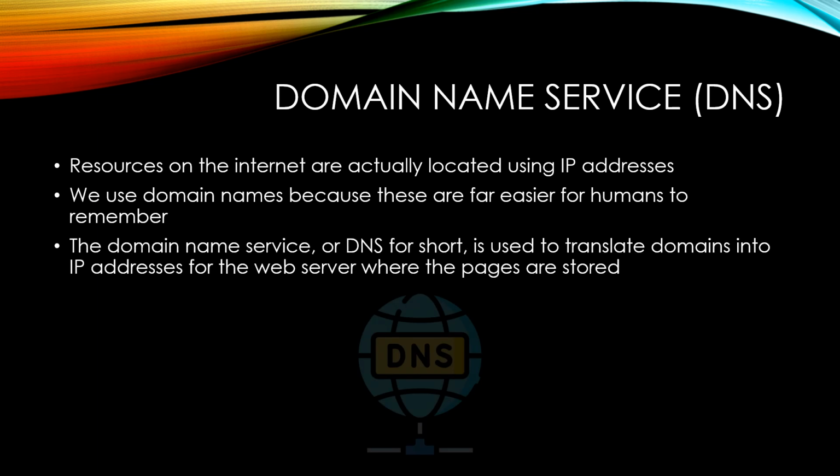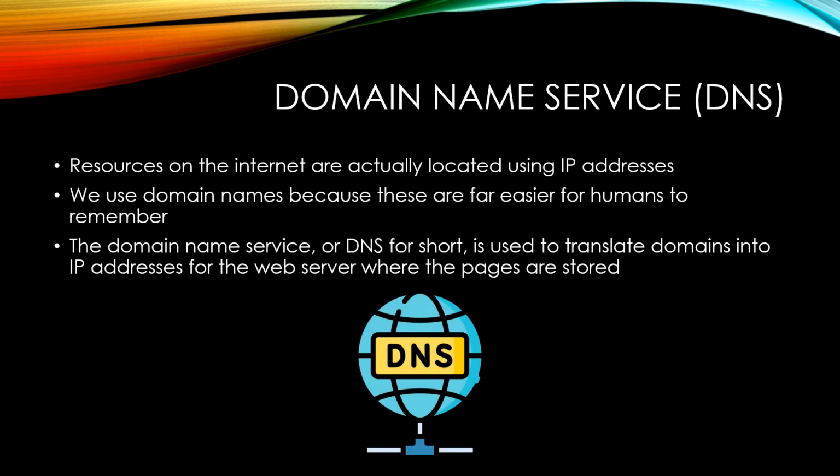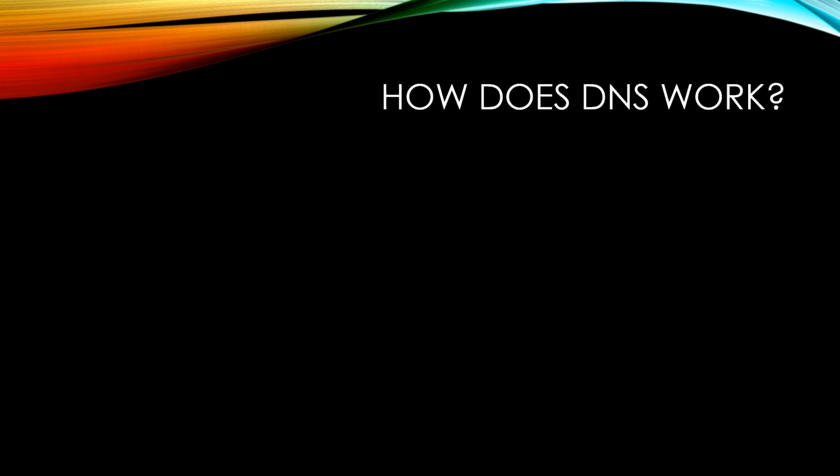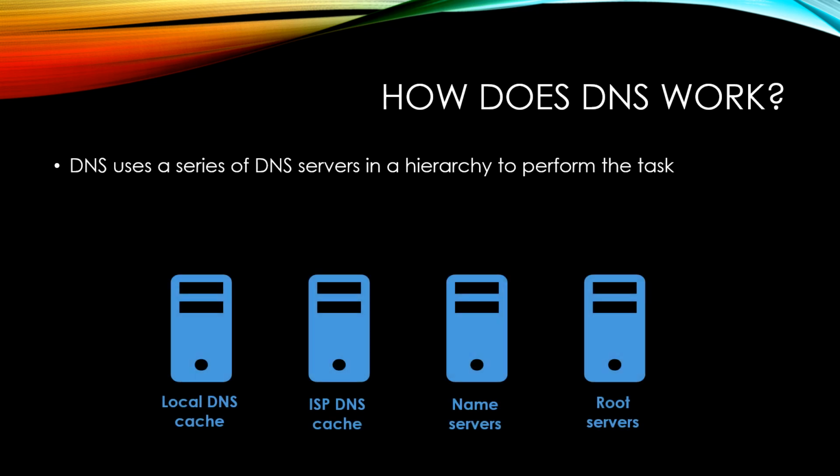The Domain Name Service, or DNS for short, is used to translate domains into IP addresses for the web server where the pages are stored. The Domain Name Service uses a series of DNS servers in a hierarchy to perform the task of translating domain names into IP addresses.